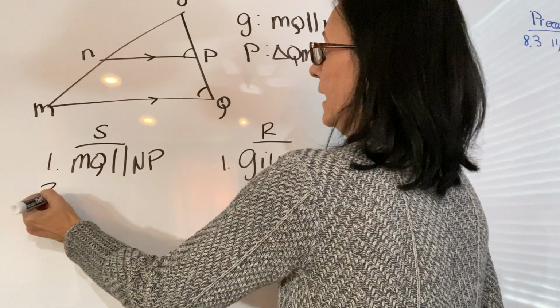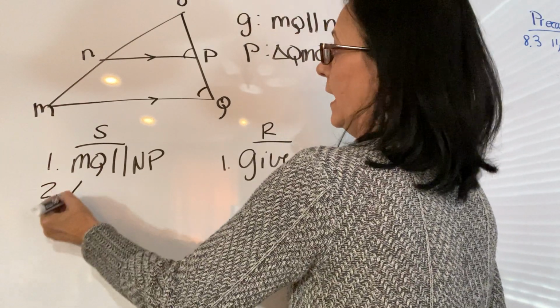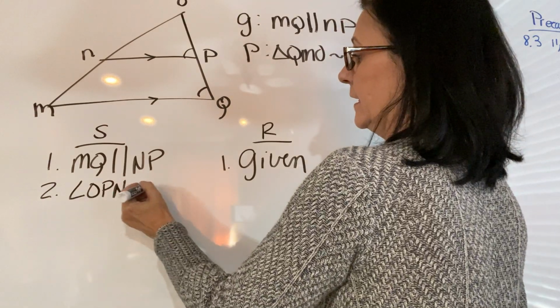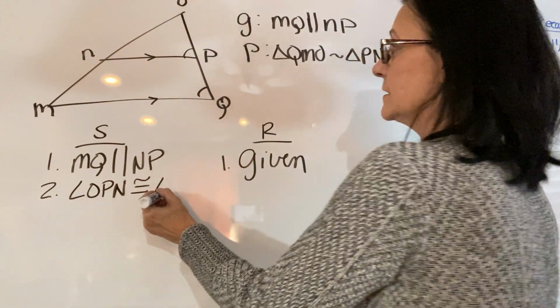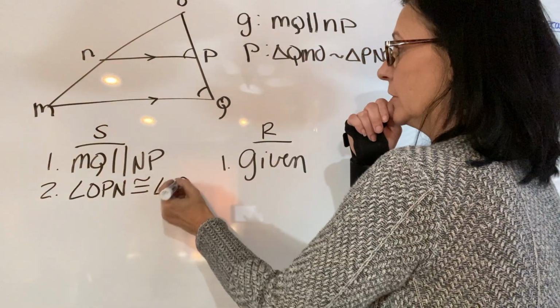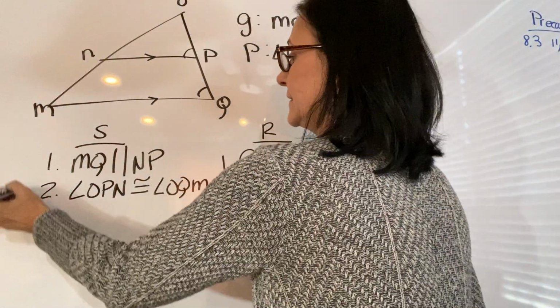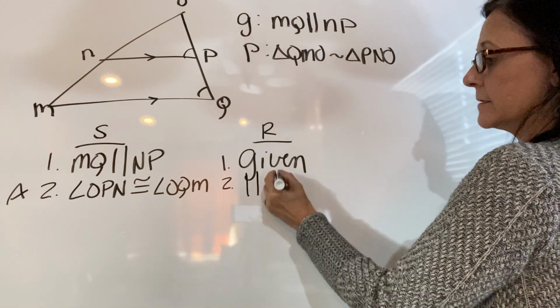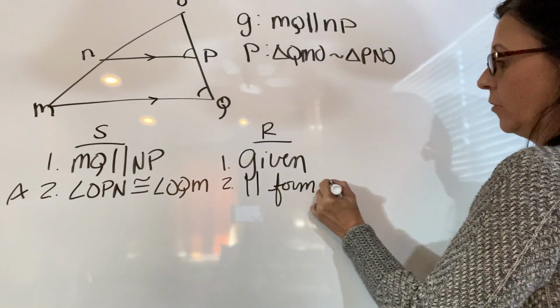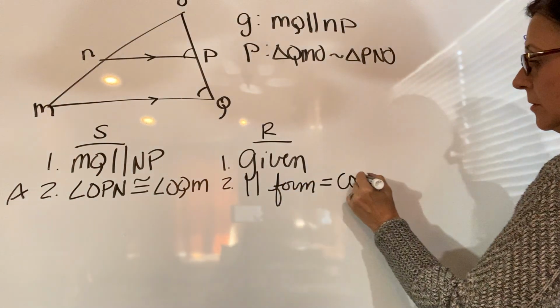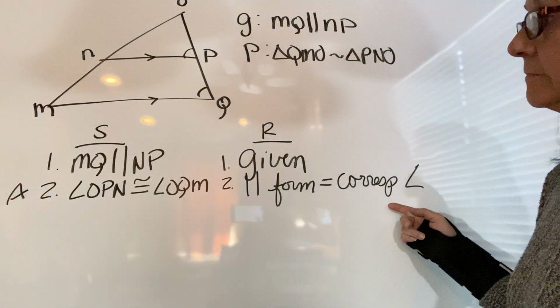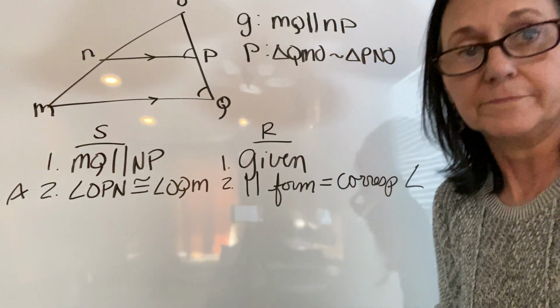So I could say angle OPN is congruent to angle OQM. That's an angle. Why? Parallel lines form equal corresponding angles. So that's one angle.